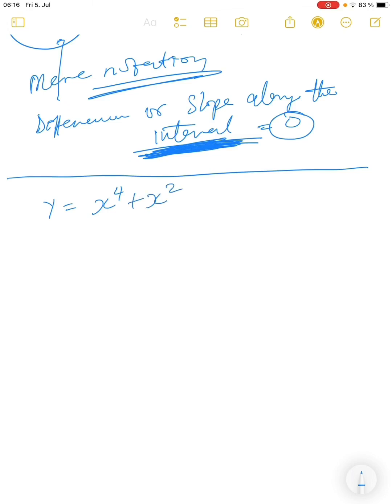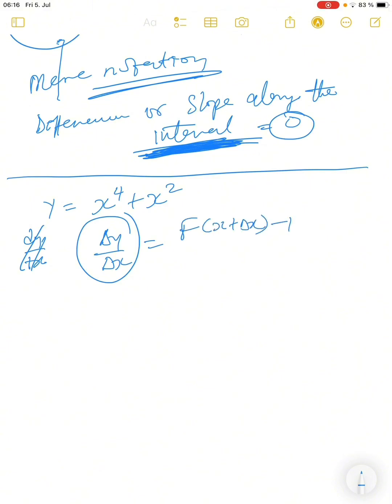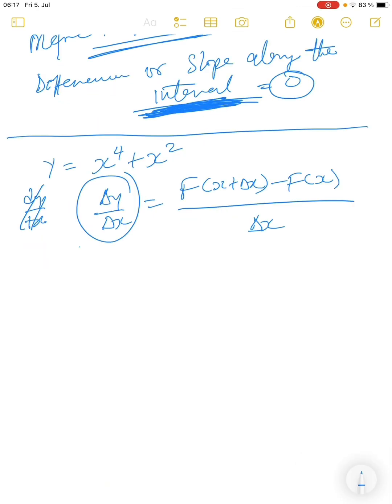So how do we differentiate this using the first principle? Let's use our delta y over delta x, which is our difference quotient, f of x plus delta x minus f of x, all over delta x. Our f of x is equal to x power 4 plus x squared.